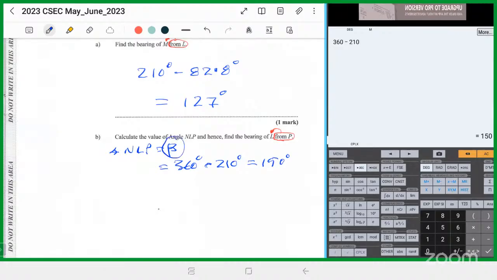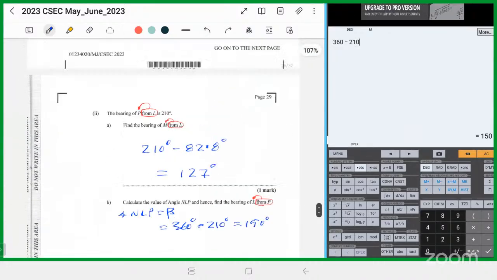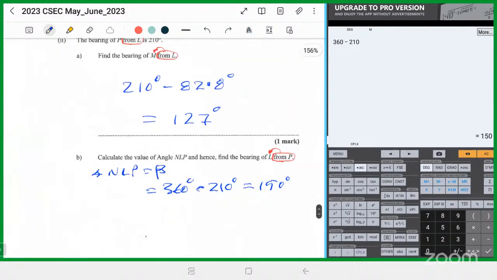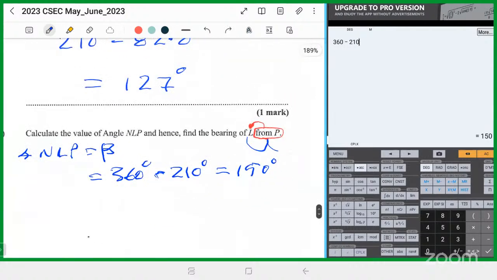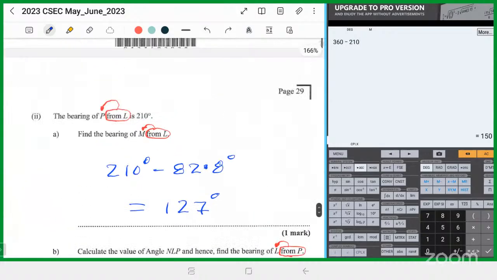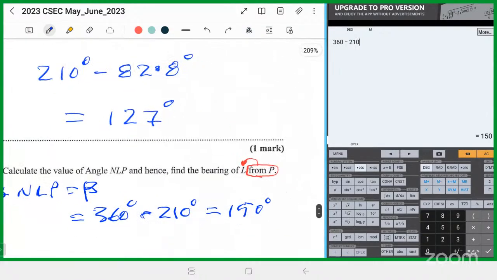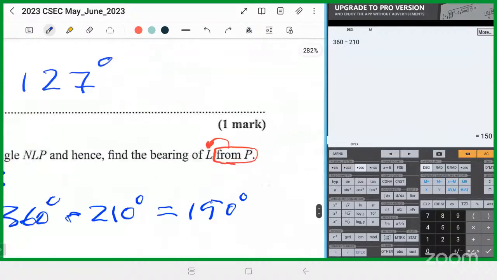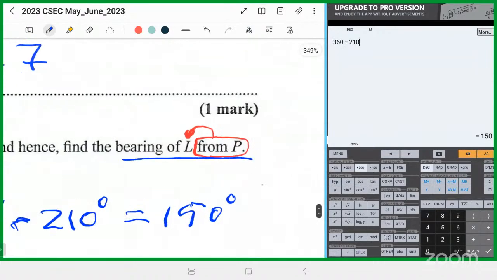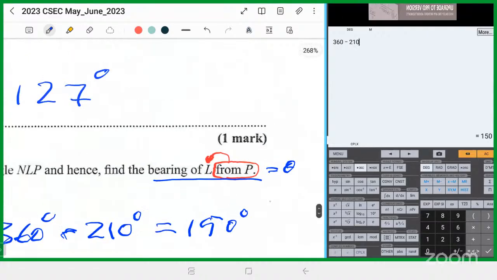And it's beta. And then now the bearing from P up to L. Let's mark that on the diagram. Let's call the bearing angle here theta, the bearing of L from P.